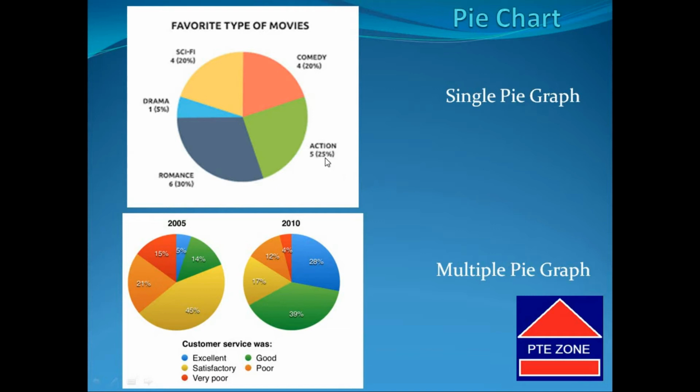For example, action has 25%, comedy has 20%, and similarly others. So a pie chart would always be telling you the different proportion or different share, right? So we can utilize this property in making our own template.